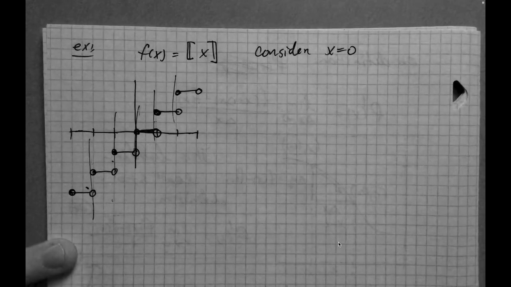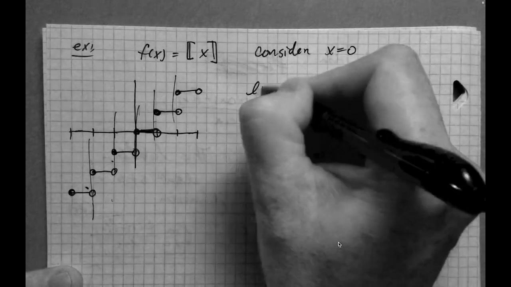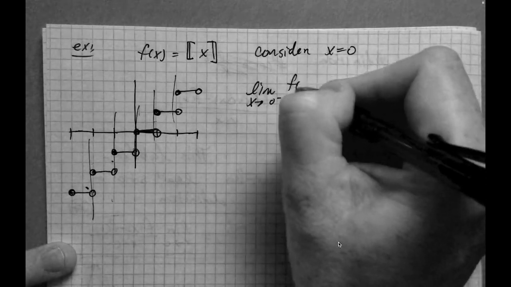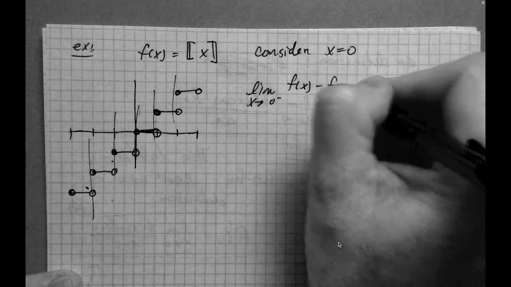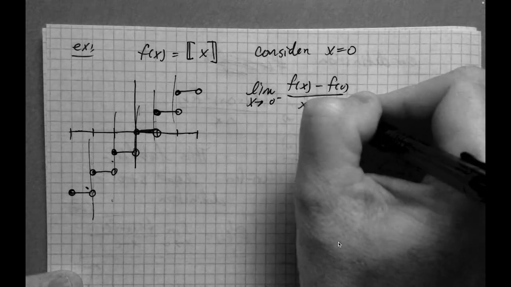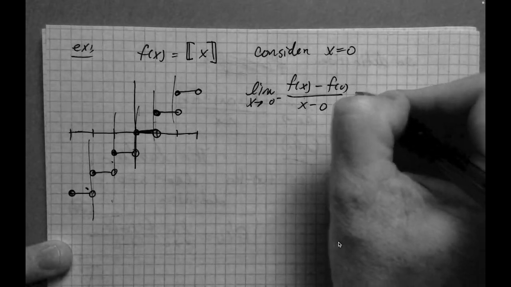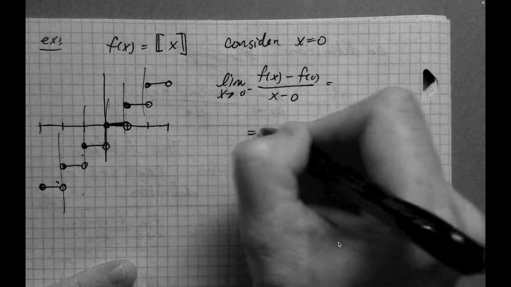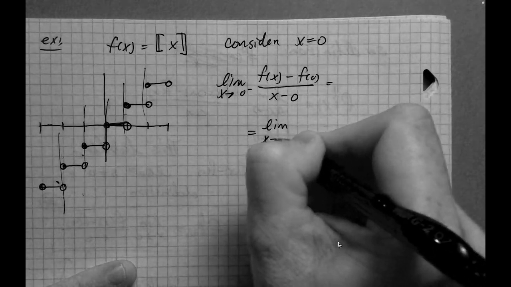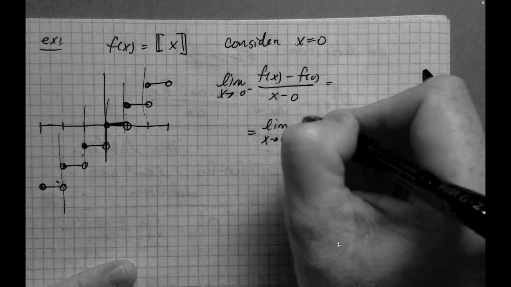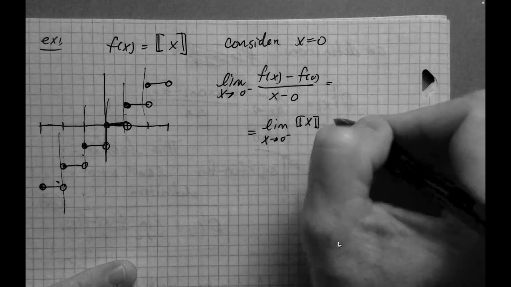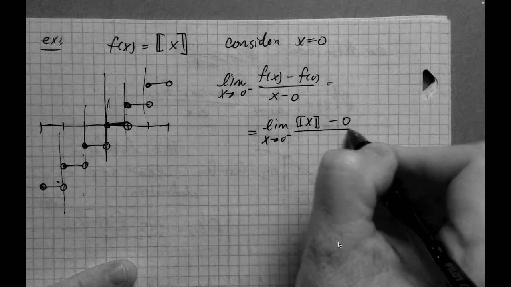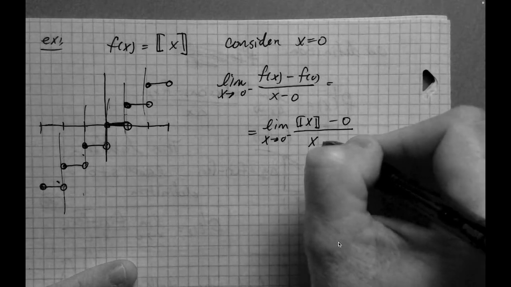For example, let's calculate the left-hand limit first. The limit as x approaches 0 from the left of (f(x) - f(0))/(x - 0). Now remember x is approaching 0 here, so what happens? Let's put the actual function in there. So this would be the greatest integer value minus 0, divided by x minus 0.